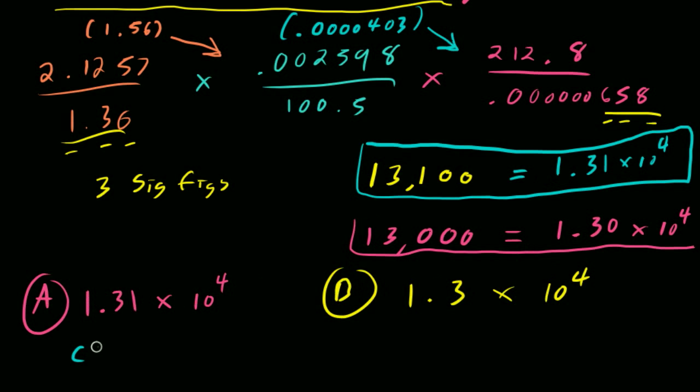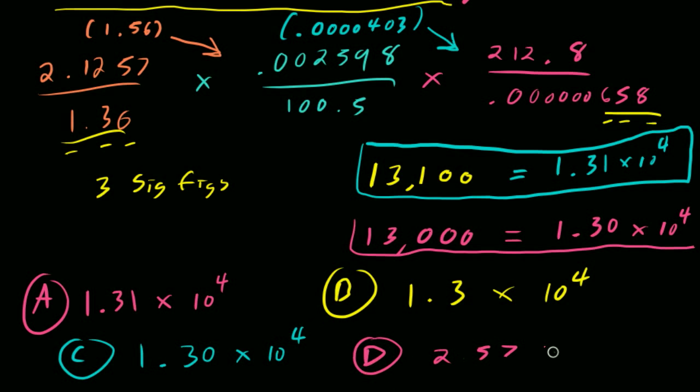And then choice C is going to be 1.30 times 10 to the 4th. And then let's say for choice D we just had maybe some, I don't know, 2.57 times 10 to the 8th. Let's say we had some crazy number there.